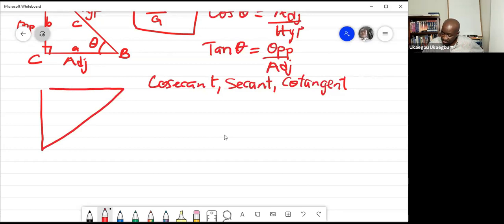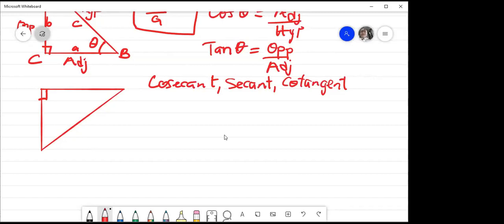The way your triangle is facing does not count. What counts is that it's a right triangle. If it's not a right triangle, the basic trigonometric ratio will not apply.